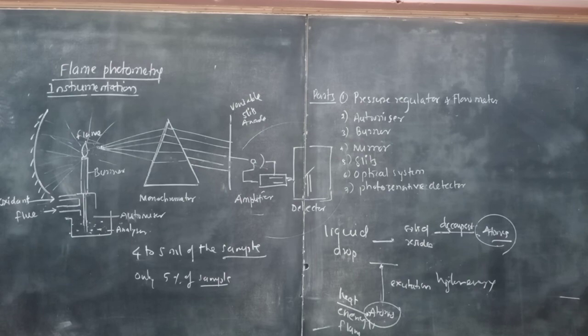The amplifier makes the output available to the readout system, including charts, records, and a digital display, to have proper data of the experiment. This is the simple experiment to detect the elements present in a given solution using the flame photometric technique. Okay, this is the instrumentation.